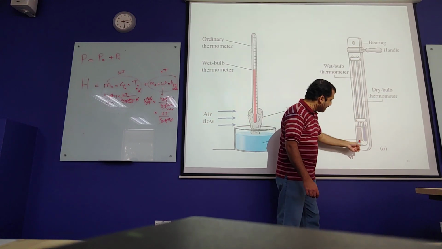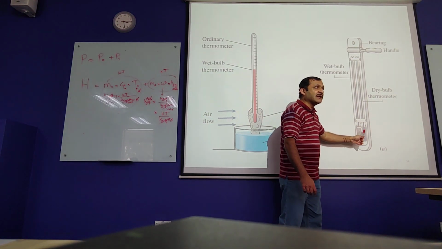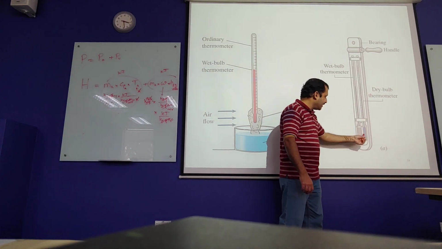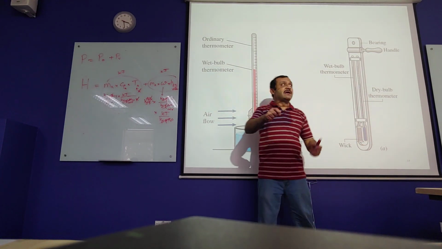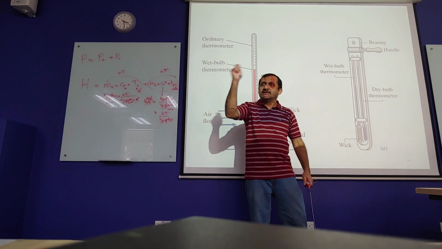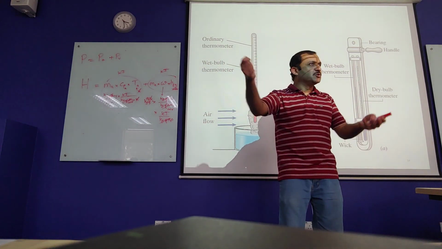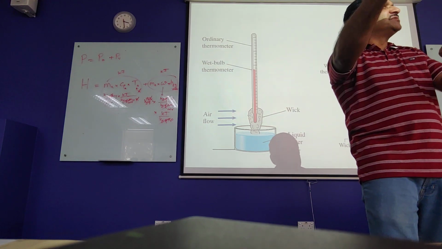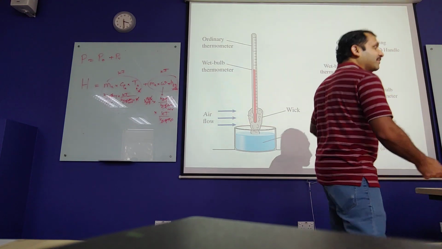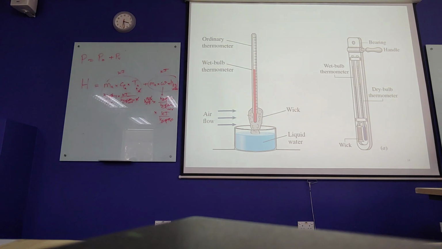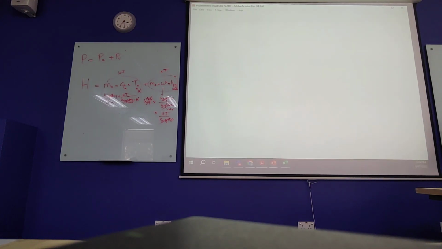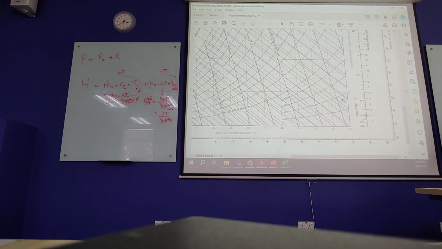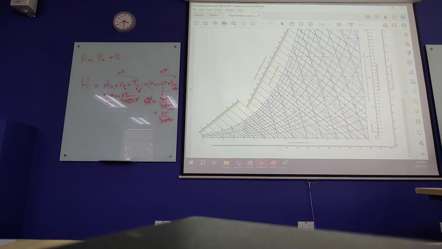Two thermometers, one is covered with a wick, you have to add a few drops of water, other is open, and what you do, you hold the handle and literally swing it around. And the engineers used to do that, walk around, okay, wet bulb is this, dry bulb is this, get that chart, big chart, and start reading how much is the moisture inside the air.